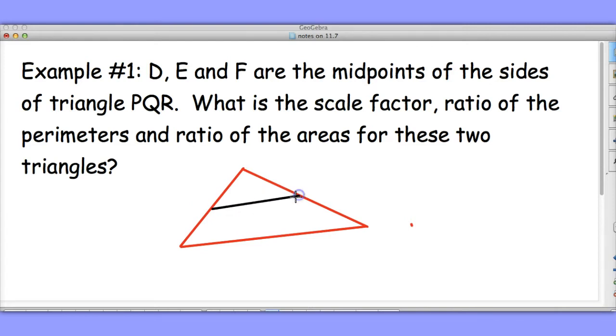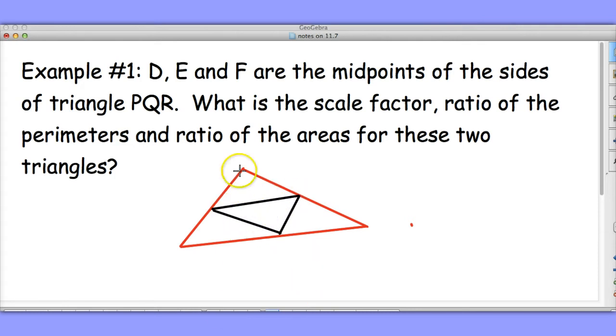Now we know from a previous chapter that when we connect the midpoints of two sides of a triangle, it's parallel to the third side. And we also know from that same unit that the length is half as long.